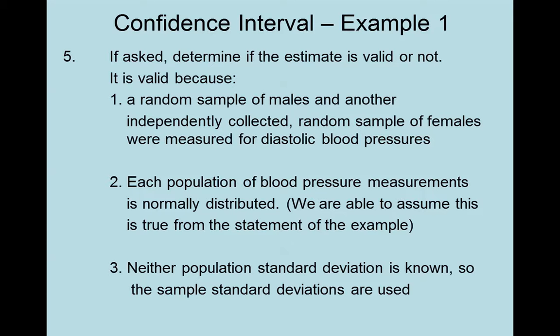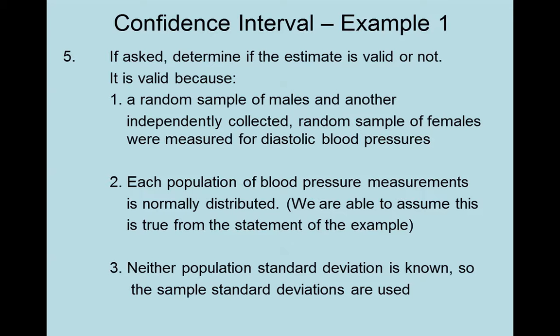So the idea is you got two independent samples. Apply sort of what you did in the one sample case, just do it twice now. So we have a random sample of males and another independently collected random sample of females who were measured for the quantitative variable diastolic blood pressure. Each population of blood pressure measurements is normally distributed.